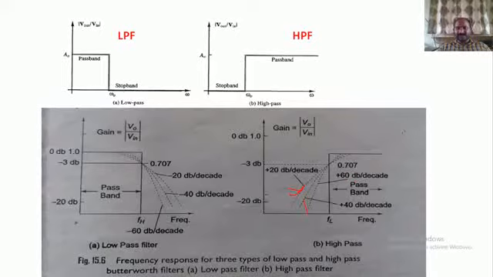If you see this particular graph, for the first order high pass filter, so many frequency components are accepted by the filter before the low cutoff frequency. If you take the second order filter, only a smaller amount of frequency components are accepted before the cutoff frequency by the high pass filter.